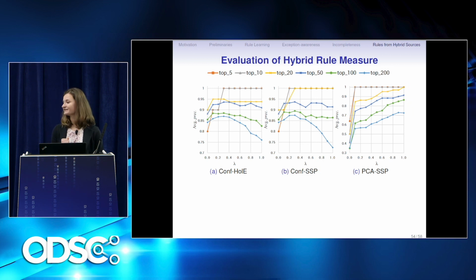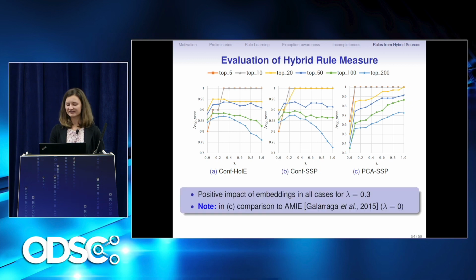And we see a very interesting observation that especially for the SSP model, the text-enhanced one, there is an interesting increase in the precision when we incorporate this additional information in the rule ranking phase. And there is a clear positive impact in all cases starting from lambda equal 0.3.